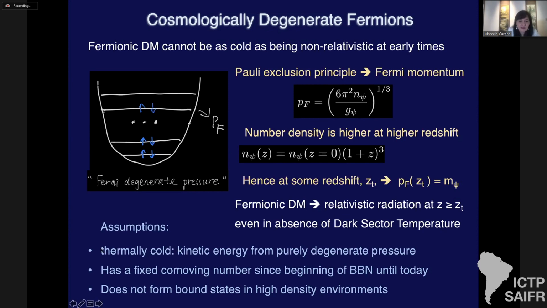So we assume terminally cold dark matter, which means that the kinetic energy is purely from degenerate pressure. I will go back to that because this is going to give us the weakest bounds on the mass of the dark matter fermion, and therefore the most conservative.